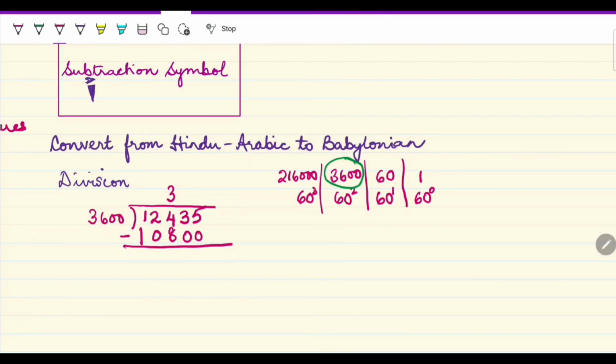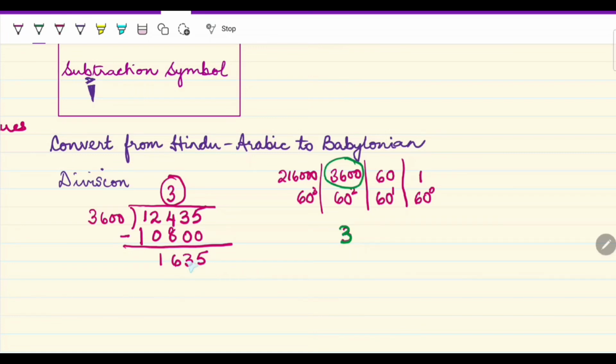We subtract, correct, and we get 1635 for the remainder. So keep this 3. The 3 will be at the position of 60 squared. So I'm going to write the 3 here, let me use a different color. 3. All right? We have to keep going.